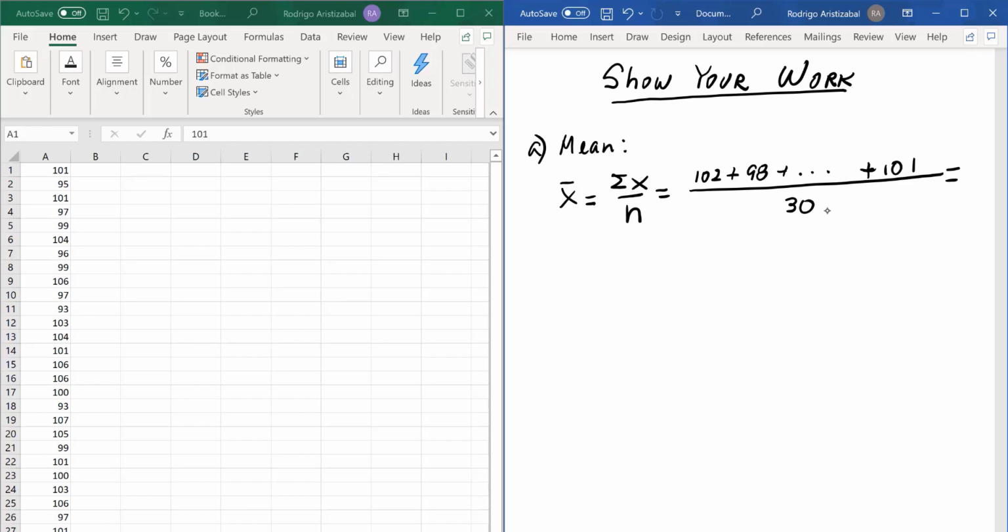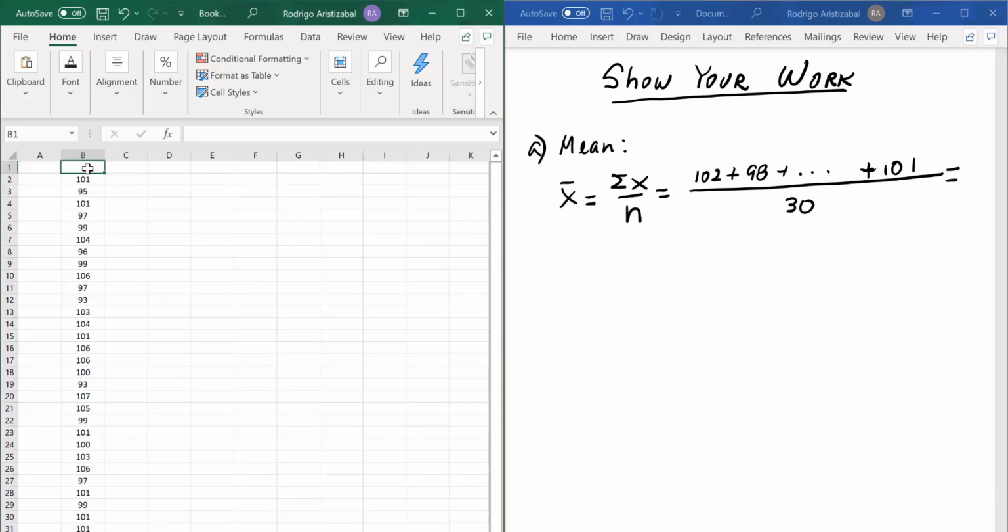You must indicate the operation, and you need to verify those operations. Then this is the random variable x, and here we are going to obtain the sum of these 30 observations. We always start with equal, the sum, open parenthesis, of all of these values until here. We have 30 observations. Then the mean will be equal to this sum divided by 30.